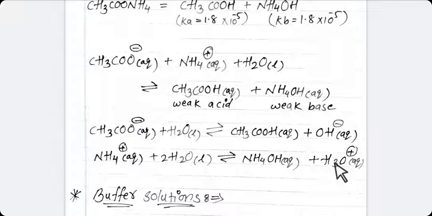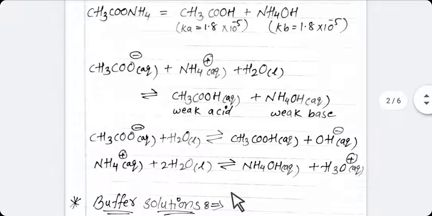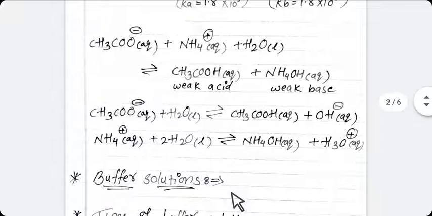The next topic is the buffer solution. What is a buffer solution? A buffer solution is defined as a solution which resists drastic change in pH when a small amount of strong acid, strong base or water is added to it.